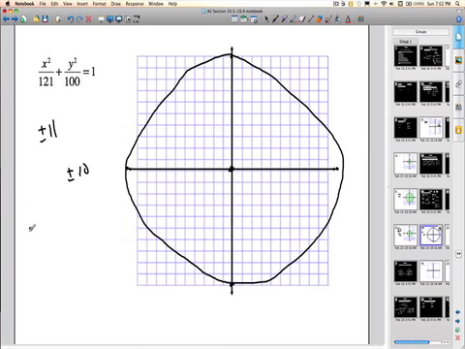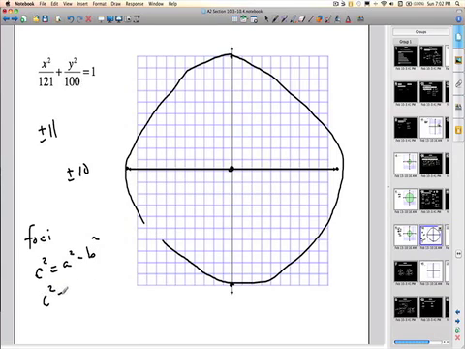Now, the ellipse also has 2 foci, and those can be found using something similar to the Pythagorean theorem, but it's minus. So c, the distance I move from center to locate the focus, satisfies c squared equals a squared minus b squared.